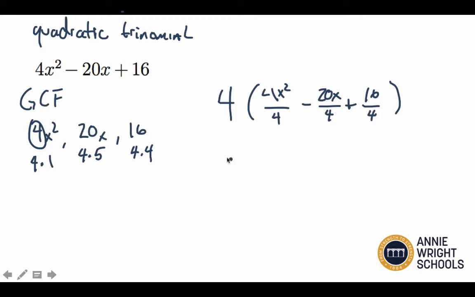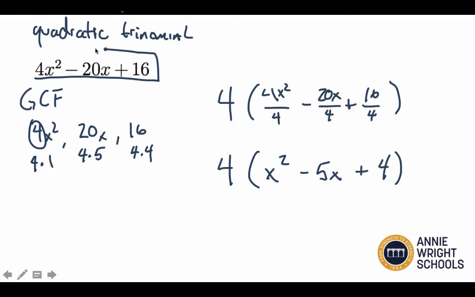Now if we simplify what's in the parentheses, we would get x squared minus 5x plus 4. And right now that's all we're trying to do is take out the greatest common factor. And so if you look at what we've done, we've taken this quadratic trinomial, this polynomial expression, and we've rewritten it as 2 things to get multiplied.